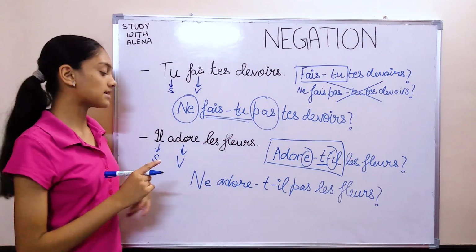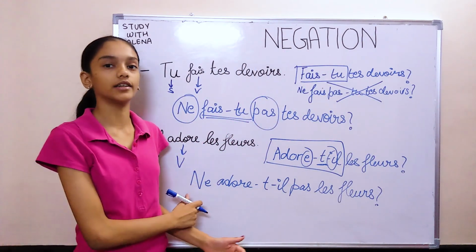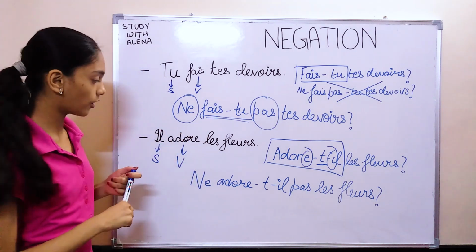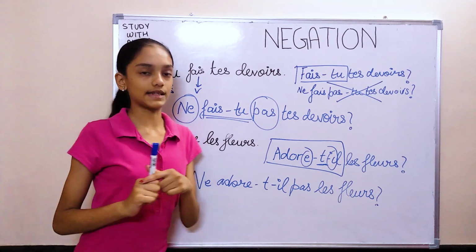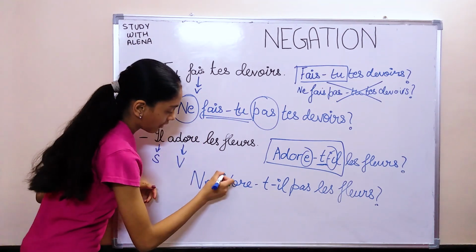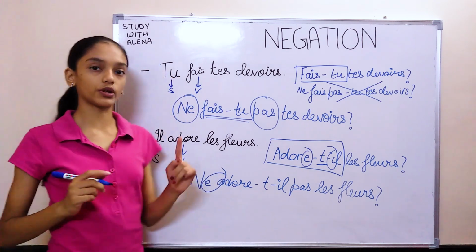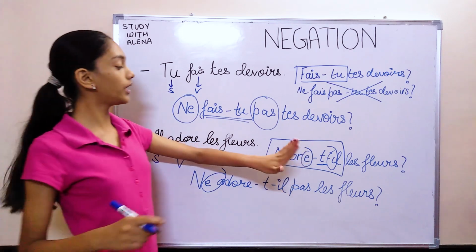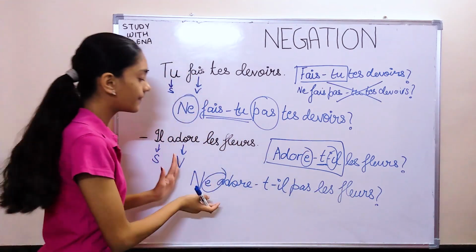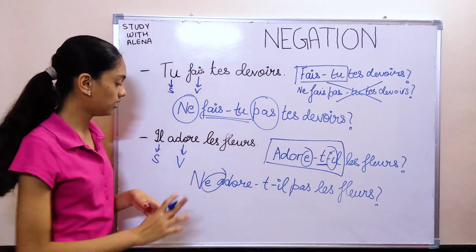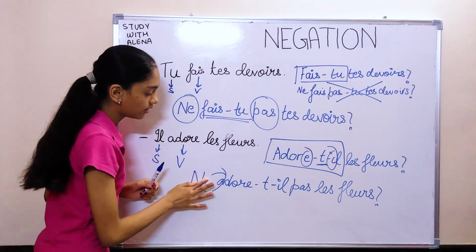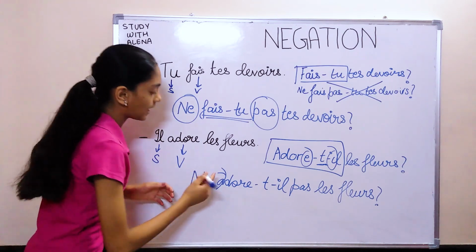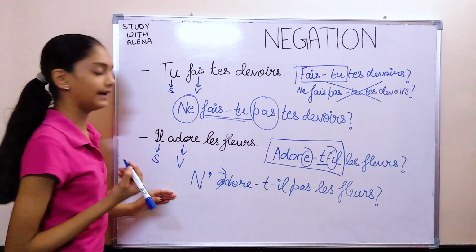Now, some of you must have spotted the mistake that I made here, but some of you did not. So I'll tell you the mistake. Again, here we have two vowels together. The T we add only when we are doing inversion. Here, when we have two vowels together, the first vowel gets cancelled and an apostrophe takes its place.